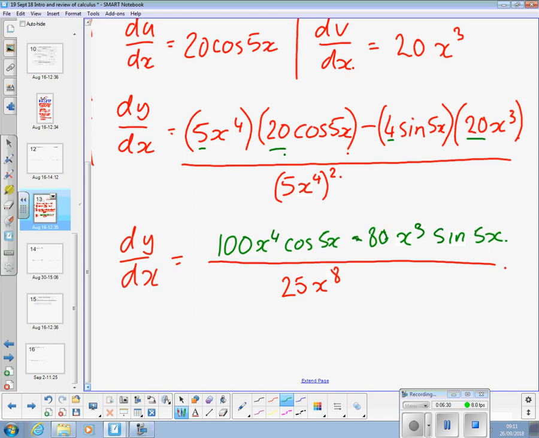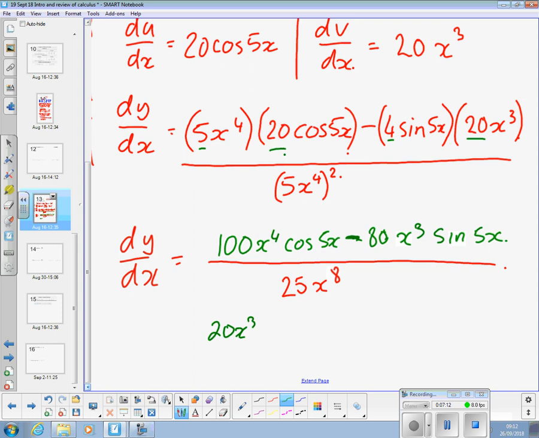Any further? It's a common term. Remember, you're looking for a common term either side of that minus sign. Where do you get 5x cubed? 20 x cubed.